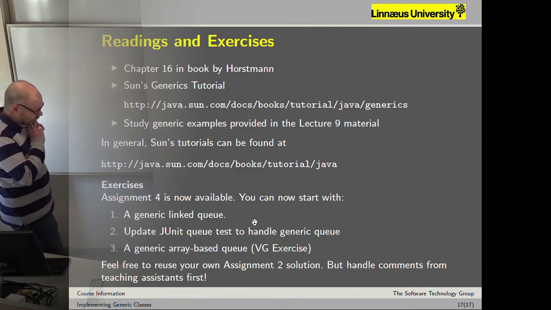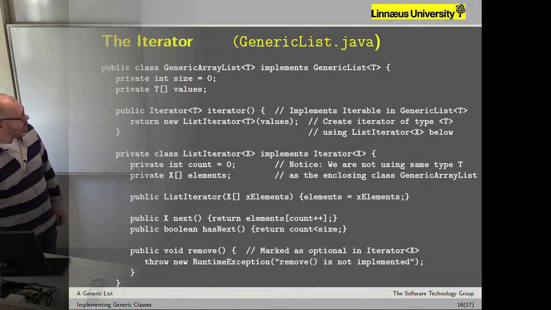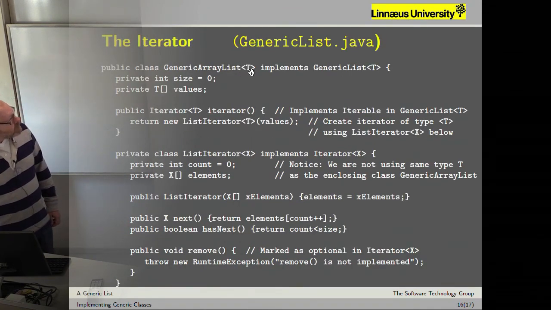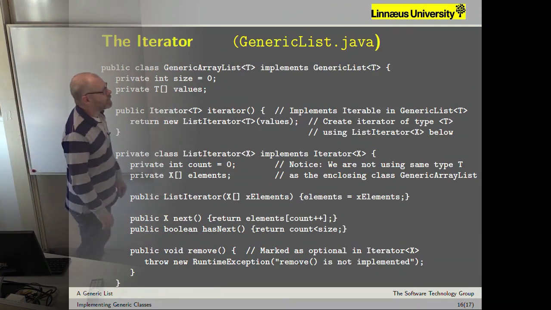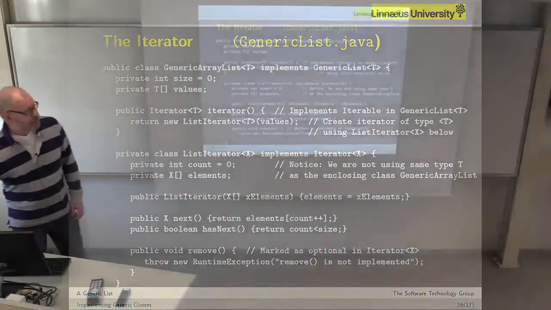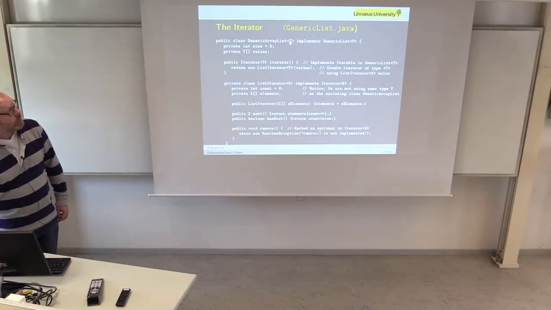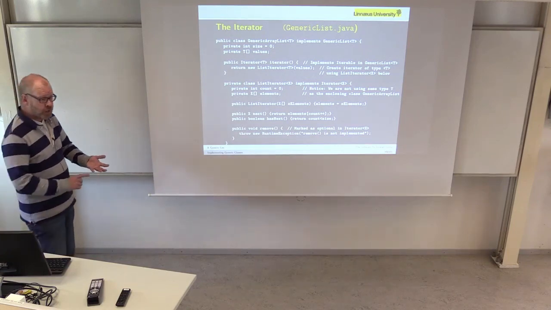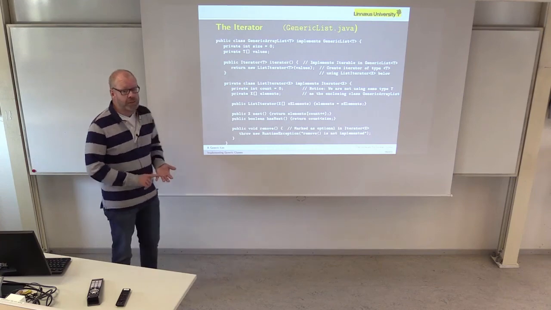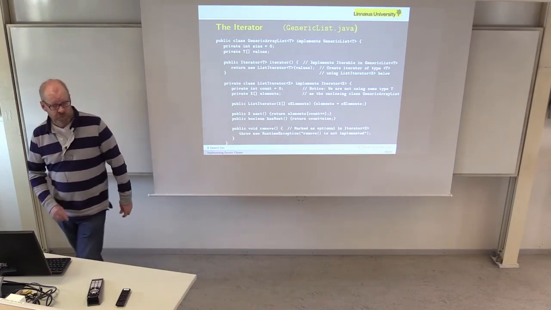I think it looks strange, the generic classes. It's a bit annoying, this T parameter, but just think of it as anything. And in this case, since we have not restricted it in any way, just look at the code and think it should work for any object. That means you can only rely on things that are available in the object class.